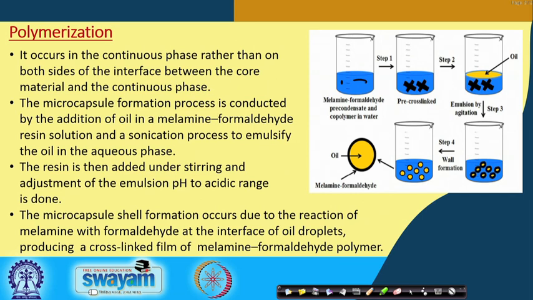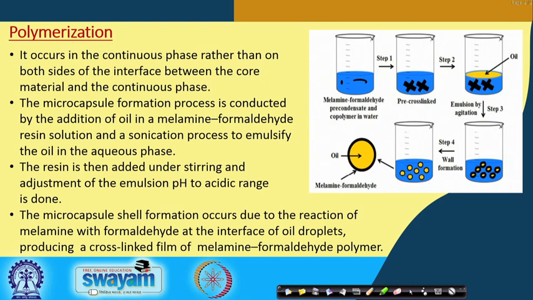After this, we can see that the microcapsule shell formation occurs due to the reaction of melamine with formaldehyde at the interface of oil droplets, producing a cross-linked film of melamine formaldehyde polymer, and this whole process of polymerization is schematically presented in this figure. You can see that this is the solution of melamine formaldehyde.